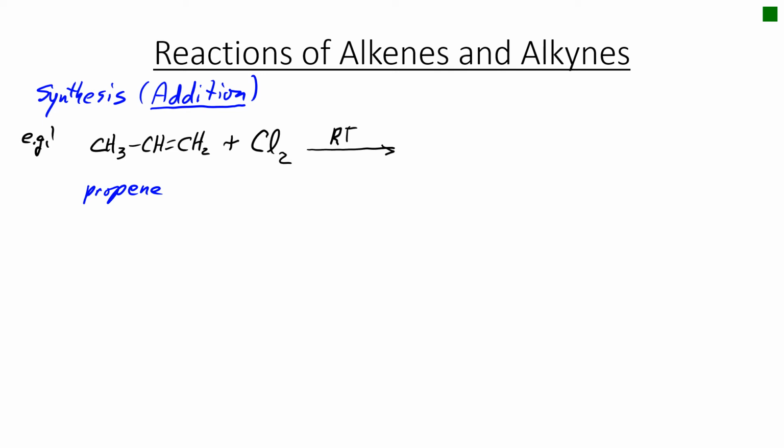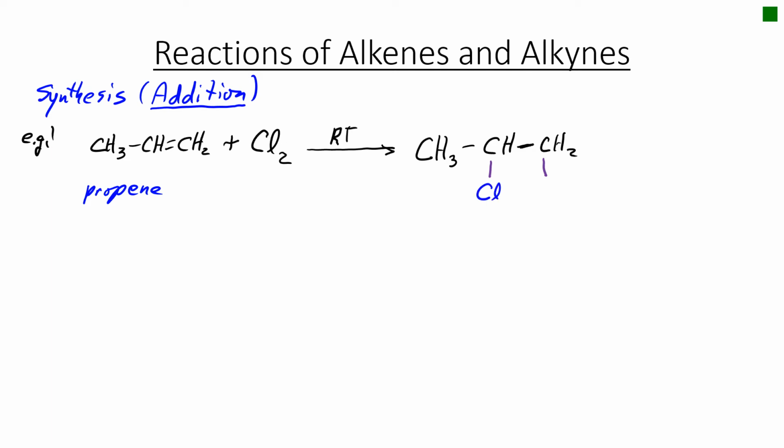So when this happens, our double bond, the second bond, that pi bond in the structure, is going to break. So I'm going to draw the CH3. I'm going to draw a CH, but where I had the double bond before, I'm only going to write the single bond, not the double. And then the CH2. But off to the side here, I'm going to draw a line down in both cases. That's an indication that I have to add another molecule. So the fourth bond, because carbon has 1, 2, 3, the fourth one is the Cl.